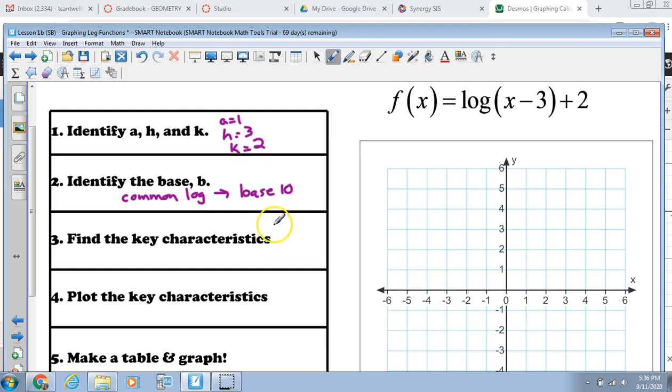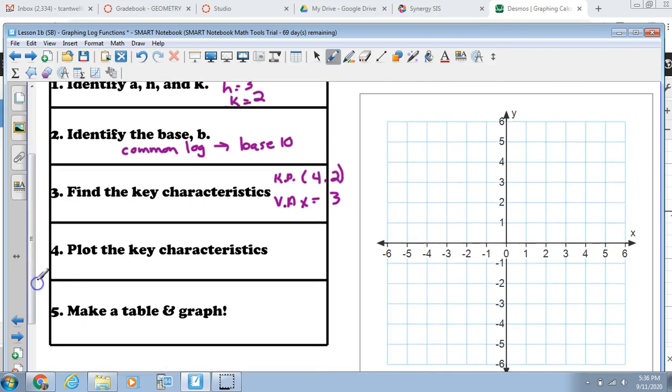Let's find the key characteristics. Our key point is (h plus 1, k). So h plus 1 is 4, and k is 2. And our vertical asymptote, x equals h, so that's x equals 3.